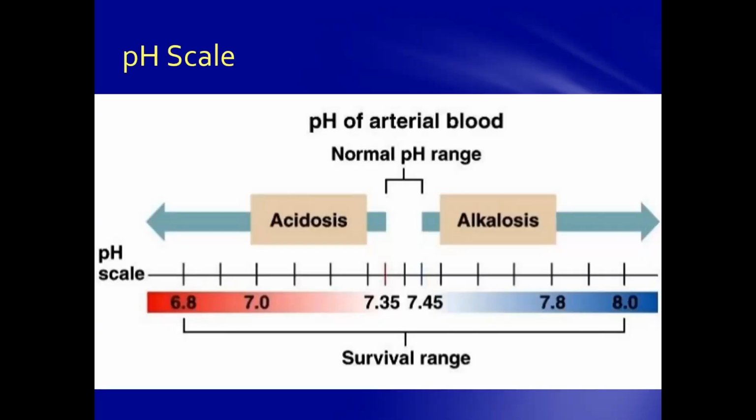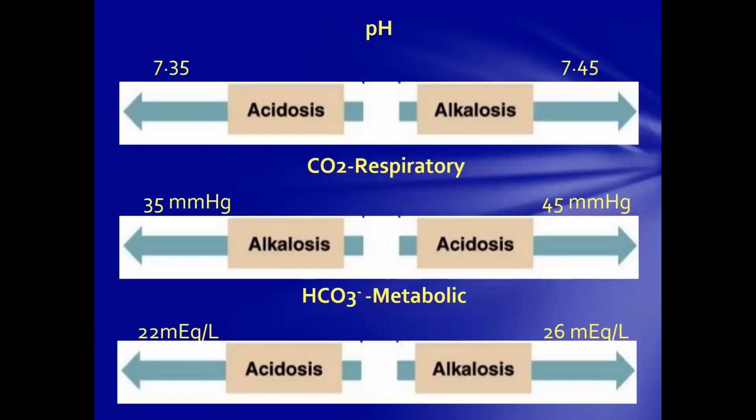When we talk about the normal range of our ABG, it's all on a spectrum. Your pH scale, your normal, is 7.35 to 7.45. If your pH is less than 7.35, you are more acidotic or you have acidosis. If your pH is greater than 7.45, you're called alkalotic or you have alkalosis.